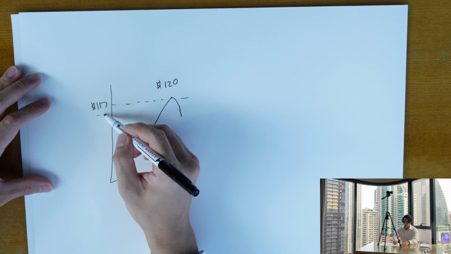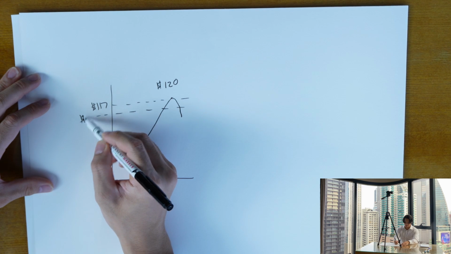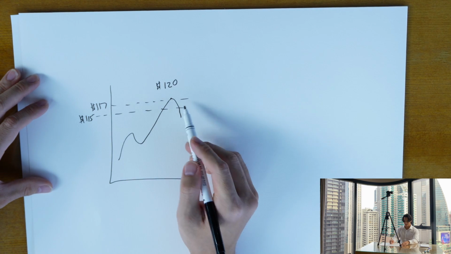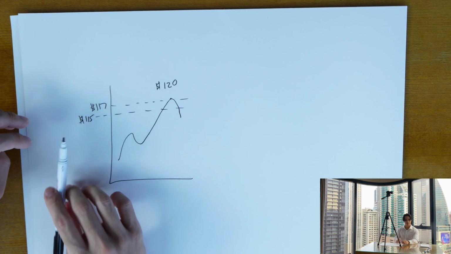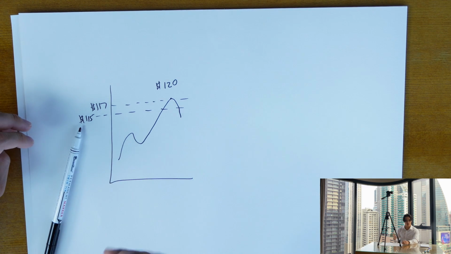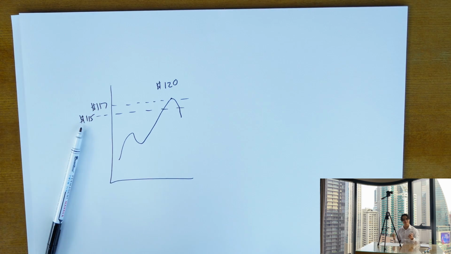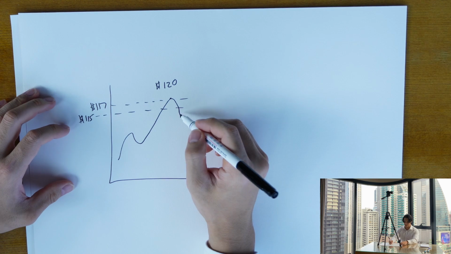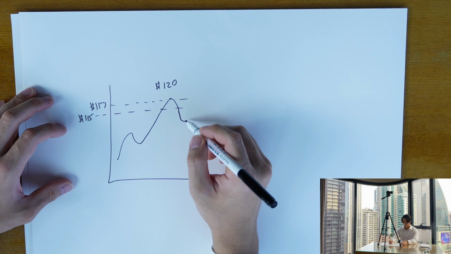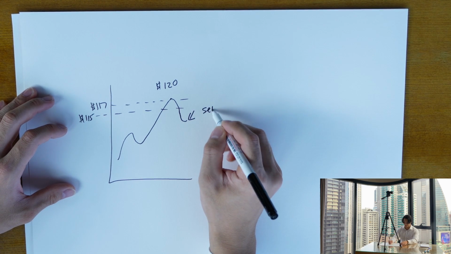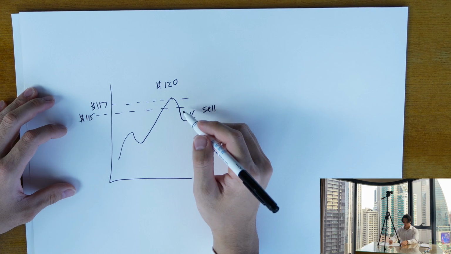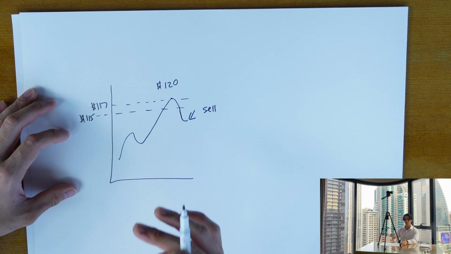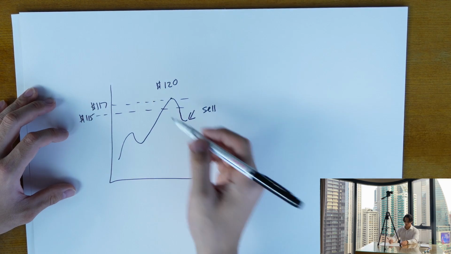So if you did not take profits at 115, you start to get uncomfortable, right? You start to get antsy, and then this might ruin you psychologically to the point where you sell on this dip, right? You sell here because you start getting panicky that you missed the opportunity to exit, right?